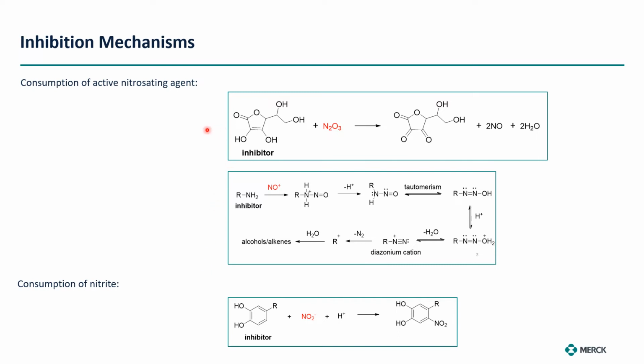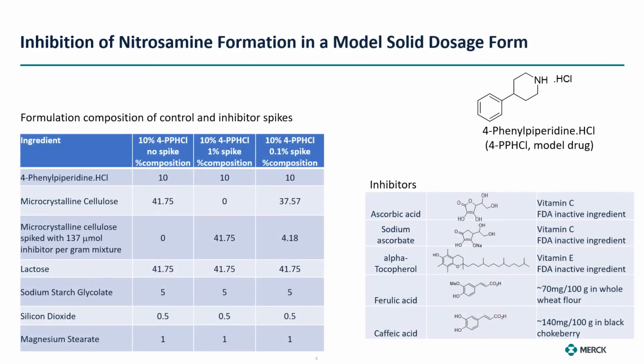In this case, for the redox pathway, the inhibitor I have shown here is ascorbic acid. And for the second pathway, the diazotization pathway, we used inhibitors that contain a primary amine group. And for the second mode of inhibition, the consumption of nitrite, we used polyphenolic inhibitors, which react directly with nitrites to consume them.